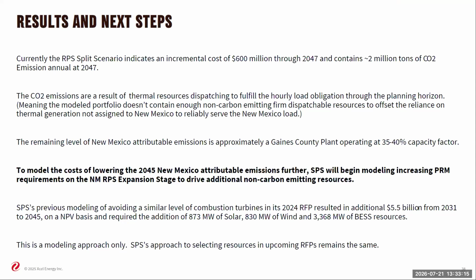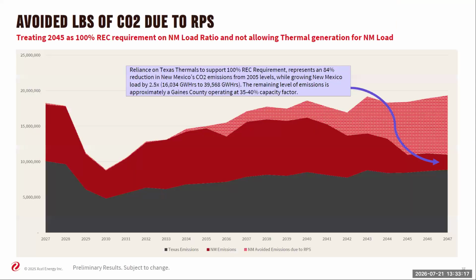So the red on the previous slide that reflected New Mexico emissions with the benefit of the RPS, those are reflective of, and I'm sorry if this is a dumb question, existing thermal resources that have to stay online in New Mexico. Like they're attributed to generators inside of New Mexico.